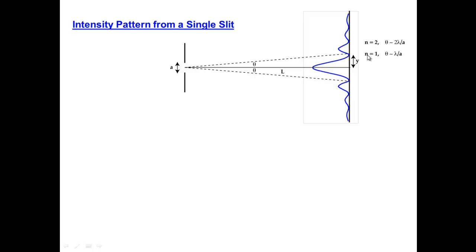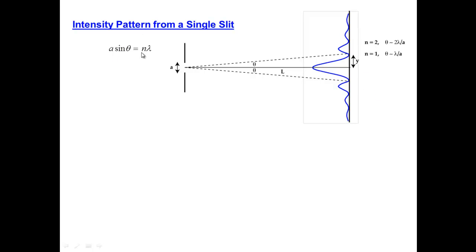And we can have negative values for these because those would correspond to the minima below the center of the screen. You'll see that the next maximum is a little bit fainter than the central maximum, and so on and so forth. So the intensity pattern from a single slit decays pretty quickly, so we're only going to see a few of the bright fringes before the intensity gets too low for the eye to detect.